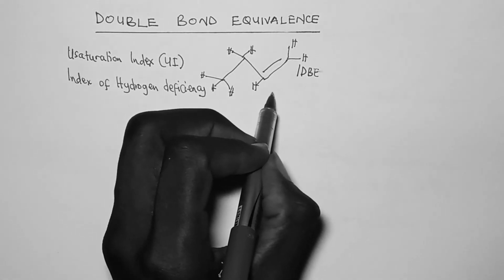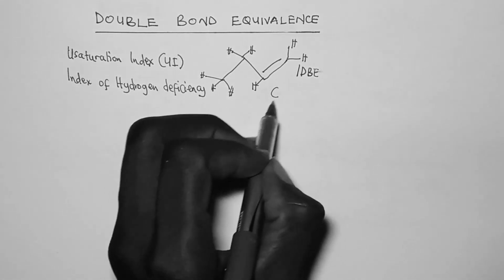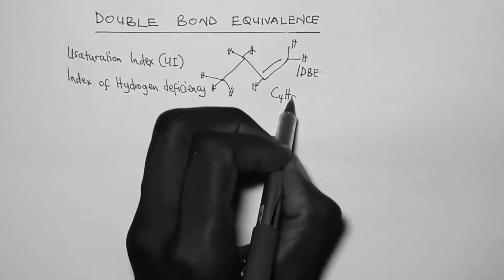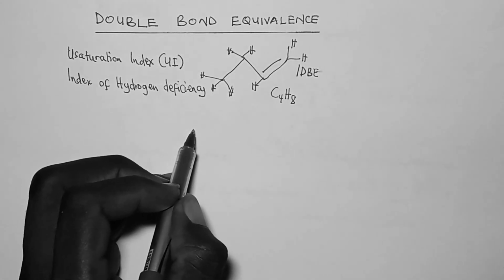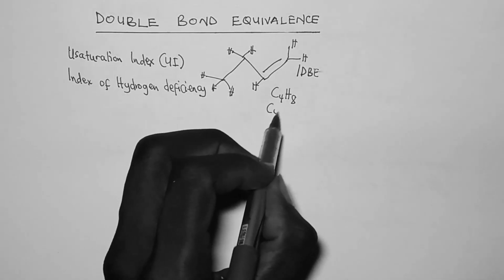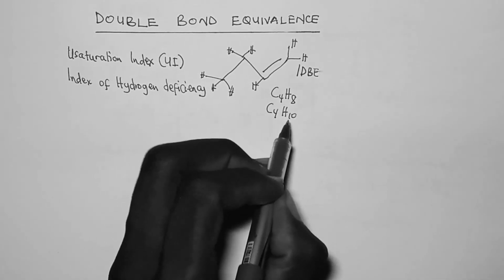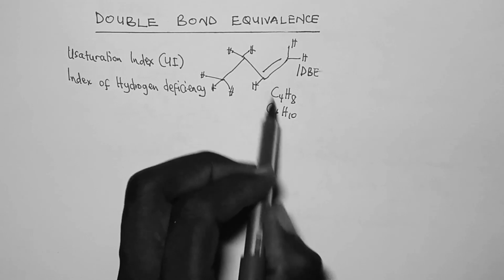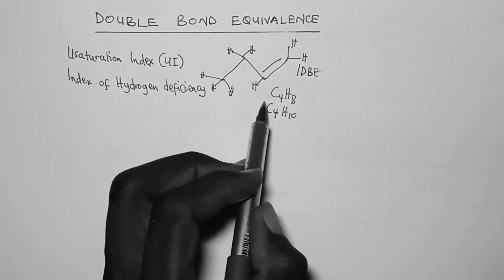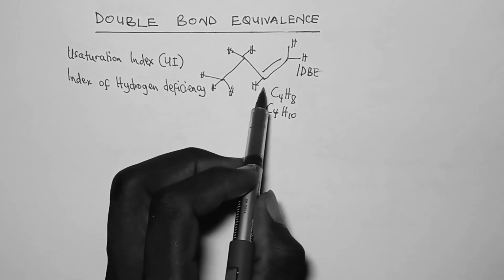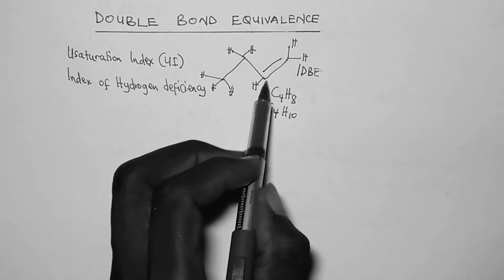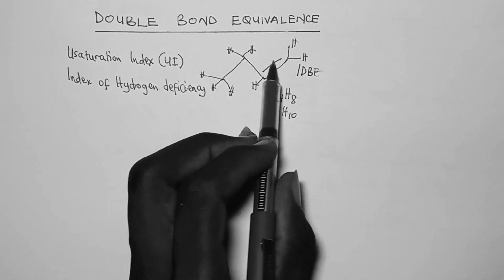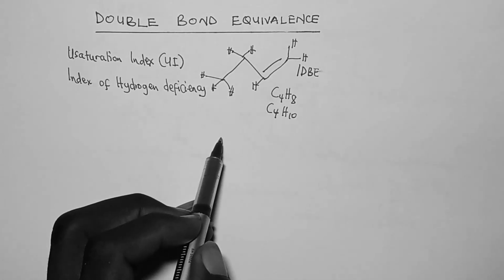So this is C4H8. However, if it was the corresponding alkane, it would have been C4H10. Comparing this molecule to the corresponding alkane, this molecule is short of 2 protons, and those 2 protons make up for the double bond, and therefore it has one double bond equivalence.